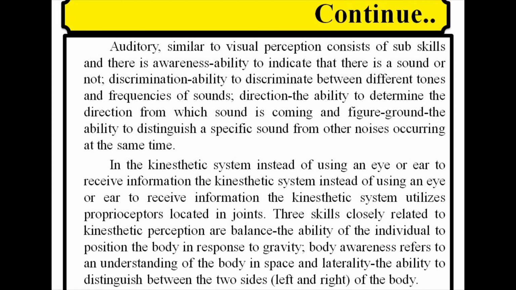In the kinesthetic system, instead of using an eye or ear to receive information, the kinesthetic system utilizes proprioceptors located in joints. Three skills closely related to kinesthetic perception are balance, the ability of the individual to position the body in response to gravity; body awareness, an understanding of the body in space; and laterality, the ability to distinguish between the two sides, left and right, of the body.